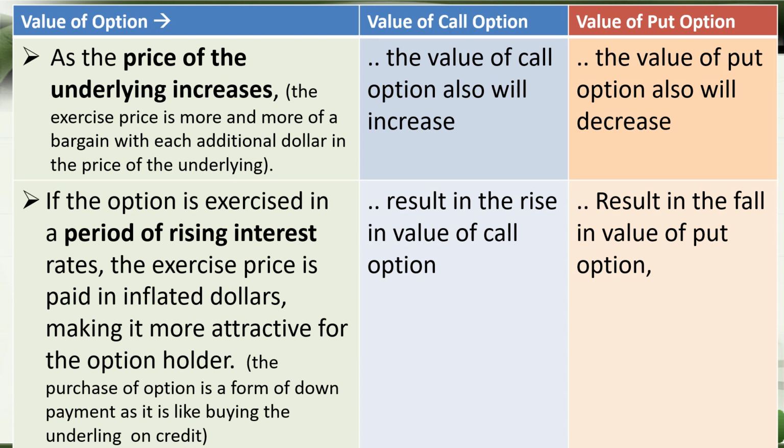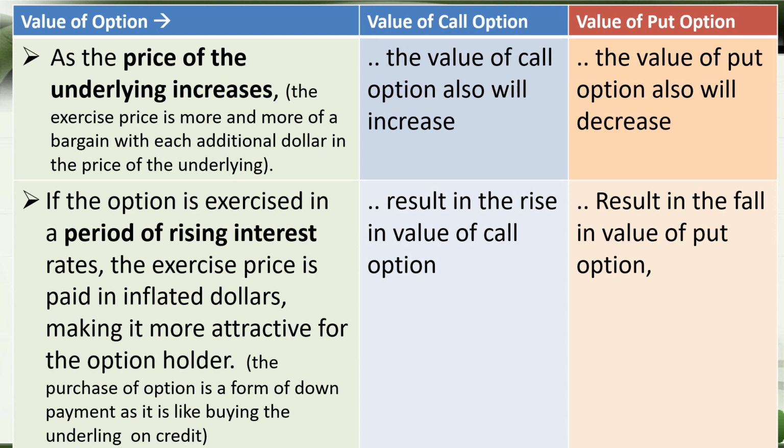If the option is exercised in a period of rising interest, supposing the interest rate is rising, the exercise price is paid in inflated dollars, making it more attractive for the option holder, because the interest rate is increasing and inflation is high. The purchase of an option is a form of down payment, like buying the underlying on credit.